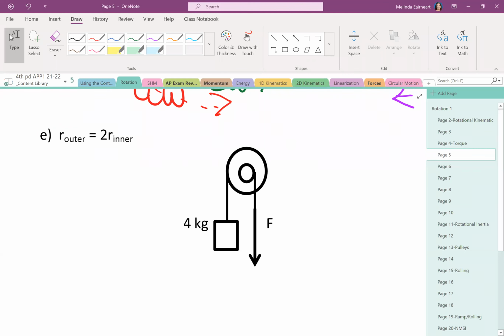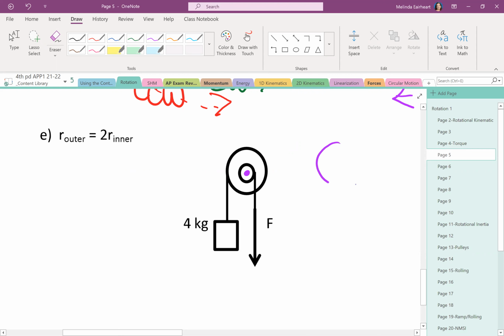Previously, we've really only dealt with pulleys that have a single disc. Well, if I want different amounts of torque, maybe I have different levels of inner and outer radius, okay? And so both of these are going to rotate about a center point, fulcrum or axis of rotation.